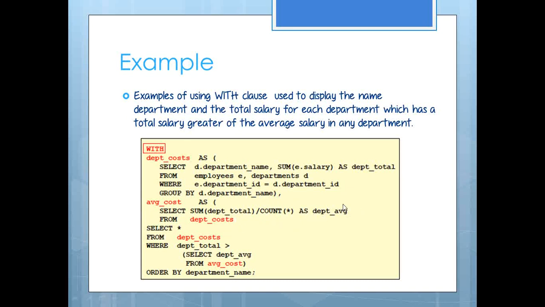As dept average from this subquery dept cost. And here is the main query. Select star from dept cost where dept total is greater than select dept average from avg cost, ordered by department name.